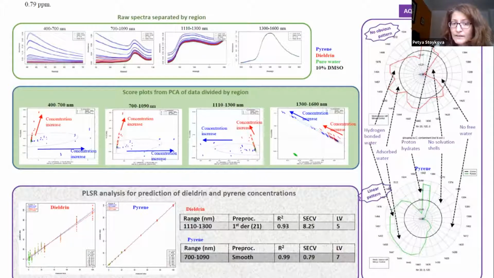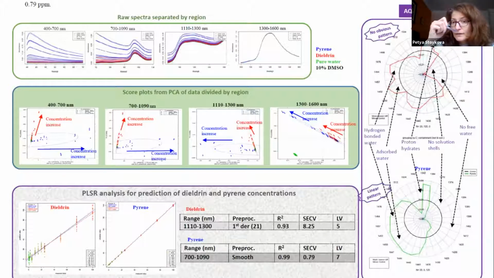So by increasing the concentration, we have this dispersion. We have these particles consisting of pyrene molecules. Since it's not completely dissolved in water, we have these particles.